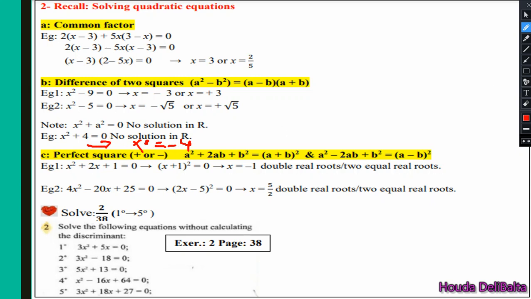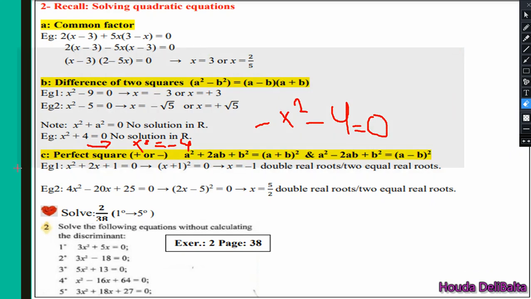So this has no solution in R. Similarly, if I have minus x squared minus 4, this also has no solution. That's always negative and that's always positive, and they cannot be 0 at all.